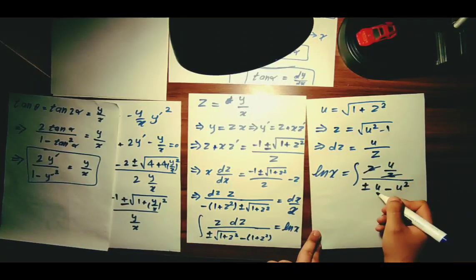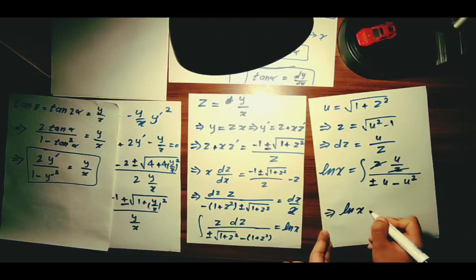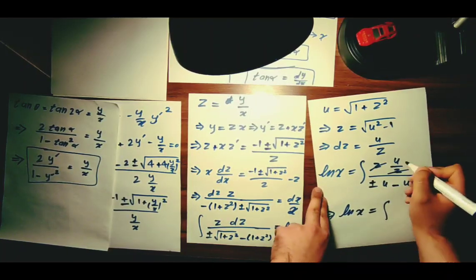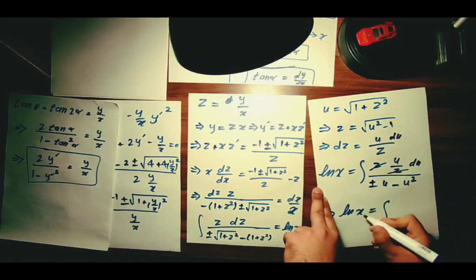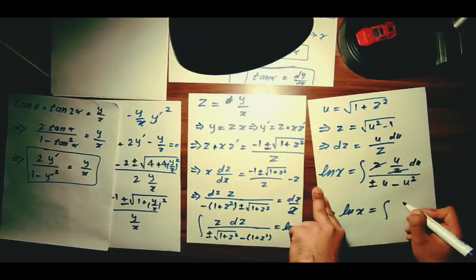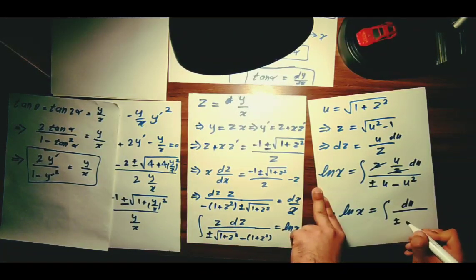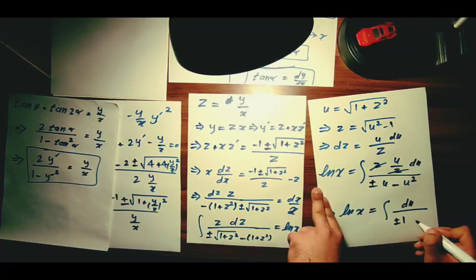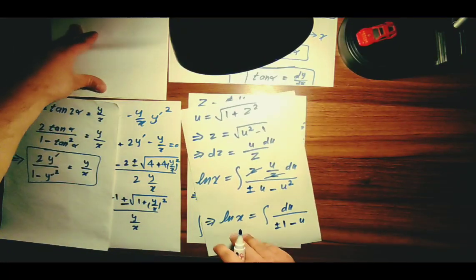And if you cancel a u from both ones, so ln of x is equal to integral, here we have a du. Okay, I'm sorry, you have ln x equal to integral of du on plus minus 1 minus u. The answer doesn't actually relate to these signs. The answer is an ln.